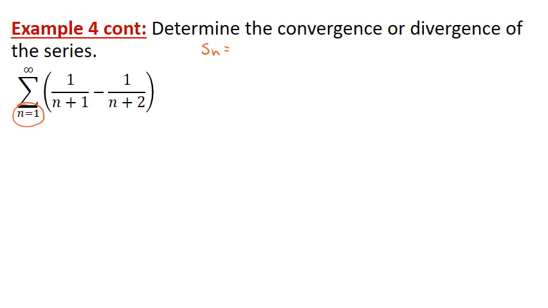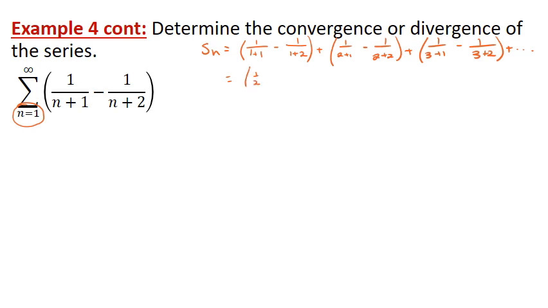If I want to find this, I end up with 1 over 1 plus 1 minus 1 over 1 plus 2, just plugging in 1, plus 1 over 2 plus 1 minus 1 over 2 plus 2, plus 1 over 3 plus 1 minus 1 over 3 plus 2, and so on and so forth. Let's simplify these fractions.